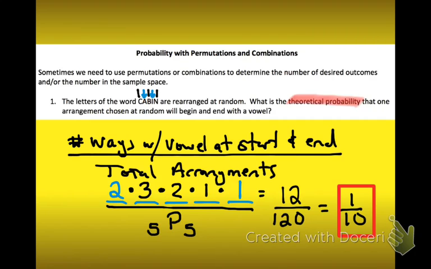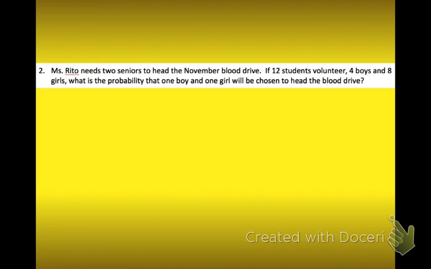The last thing I'm going to ask you to do on your own here is go ahead and give number 2 a try. They need 2 seniors to head the November blood drive. There's 12 volunteers, 4 boys, 8 girls. What's the probability that 1 girl and 1 boy will be chosen to head the drive? So I'll give you a small hint.